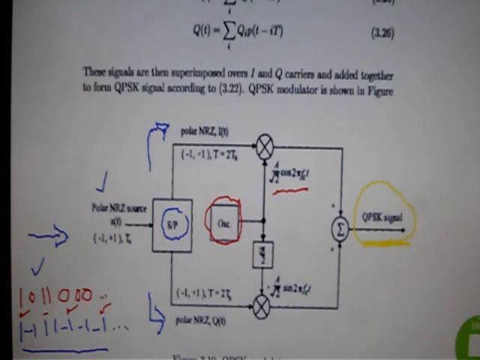So it's giving you this A over under root 2 cos of 2 pi fc t, a sinusoid carrier, and this multiplier multiplies the signal I of t. You will shortly see the signal I of t. It multiplies this signal with the cos carrier and forwards it in the upper branch. So this is actually a modulated carrier, the in-phase modulated carrier.